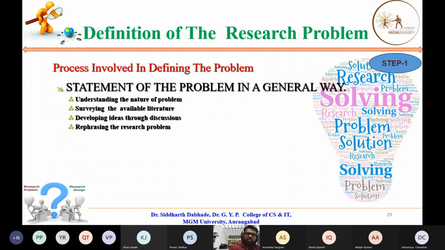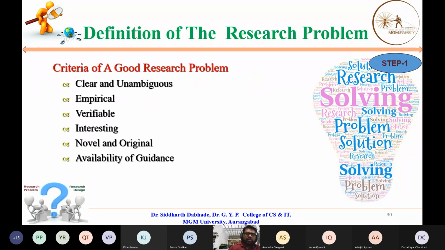Once you have got this idea, you need to convert it into the research problem and present it. Whenever you are trying to decide your research problem, these criteria should be followed. The criteria for a good research problem: first, clear and unambiguous.